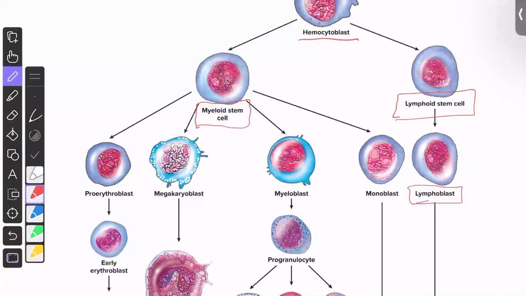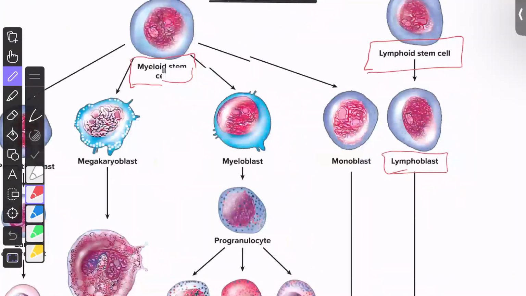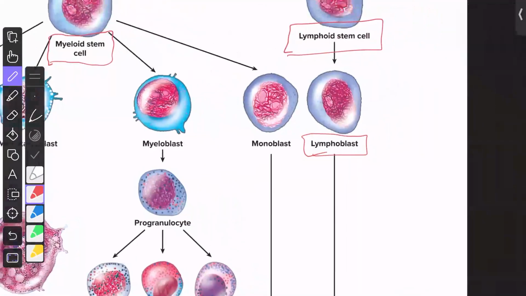The myeloid stem cell is also a stem cell, and it will differentiate again into one of four major subgroups, one of four blasts, basically. Okay, we're going to start over here with the monoblast because it's easy, right?